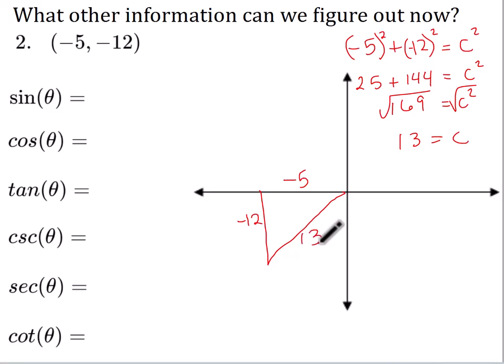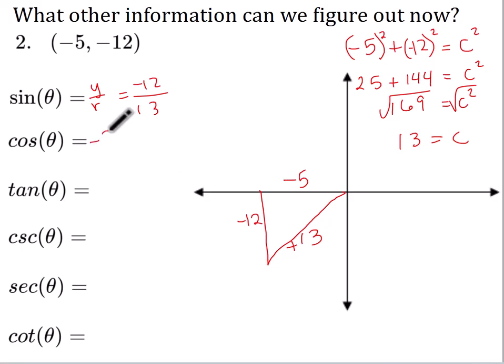And so, like I said before, your radius is always going to be a positive number. It's never going to be a negative number until later on. But for now, your radius is always positive. So same thing here, we're going to say y over r. So my y value, negative 12, over my r value is 13.